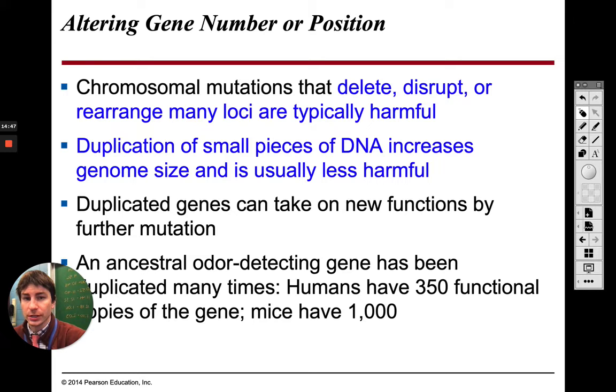They are usually harmful because they are affecting a large amount of DNA. If that DNA makes a protein, we're not just affecting 1 or 2 amino acids, we're probably going to affect a lot of them.